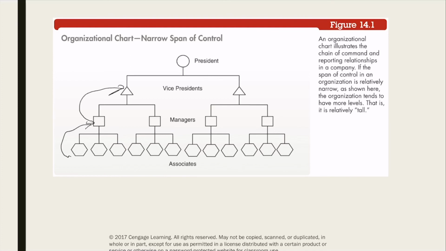Manager has to go to the vice president. Vice president goes to the president. And then eventually it'll all have to flow down to the associates again to figure out what's going on, if they even listen to the lower levels in that organization. So information has to go through a lot of hands. And as a result of that, information is slow.